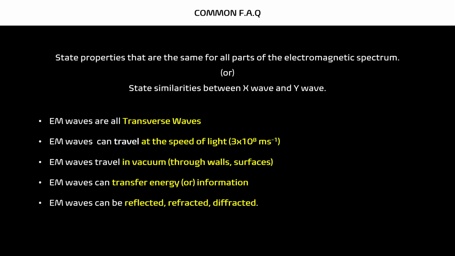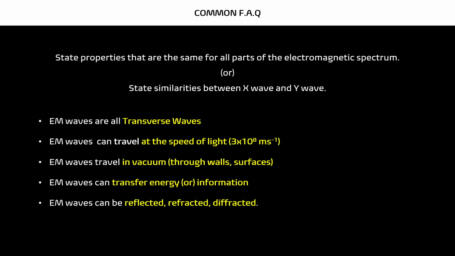Alright, so that's about it, and I'm going to summarize what I discussed today. So in exams, you're most likely to see the question: state properties that are the same for all parts of the electromagnetic spectrum, or they can ask you to state similarities between, let's say, X-rays and radio waves.